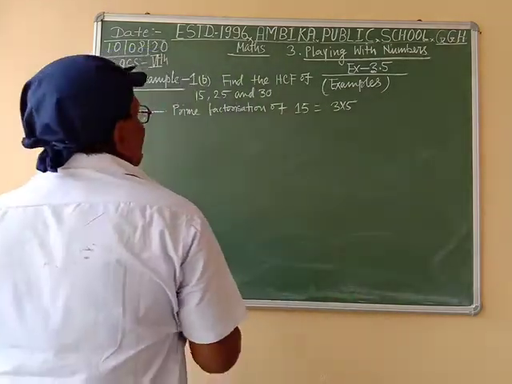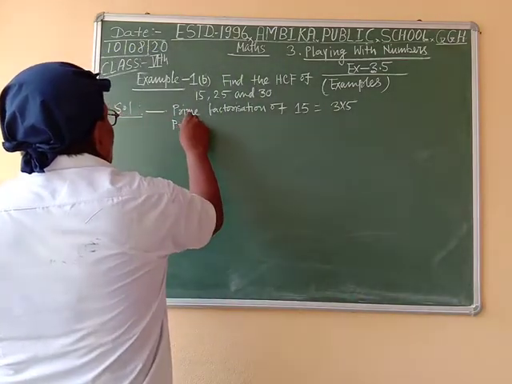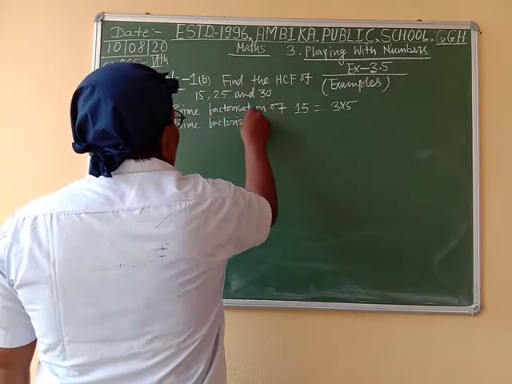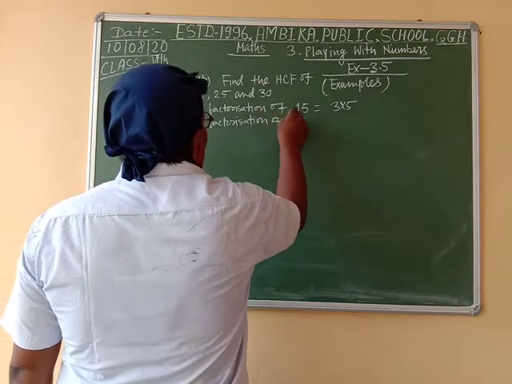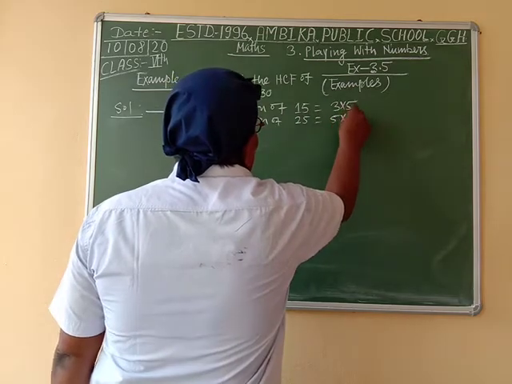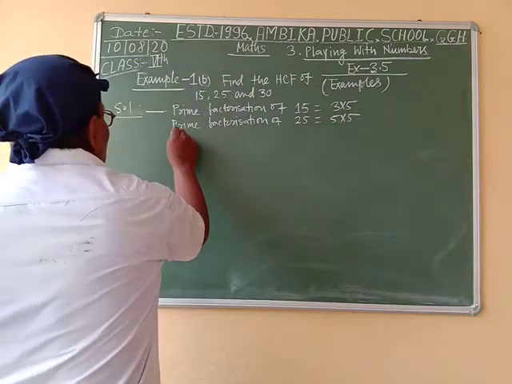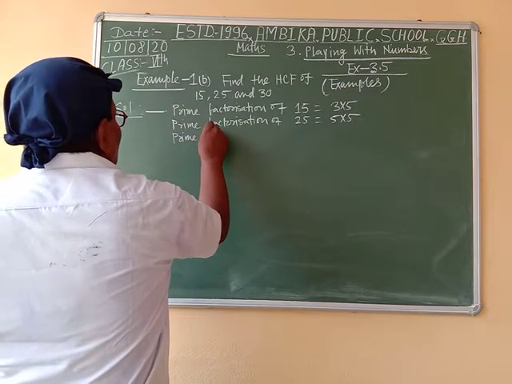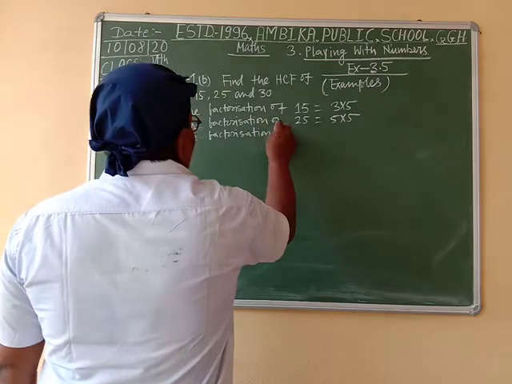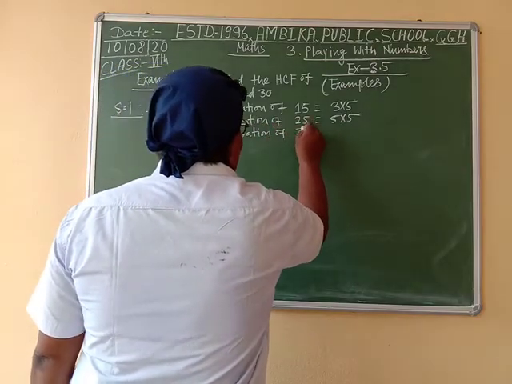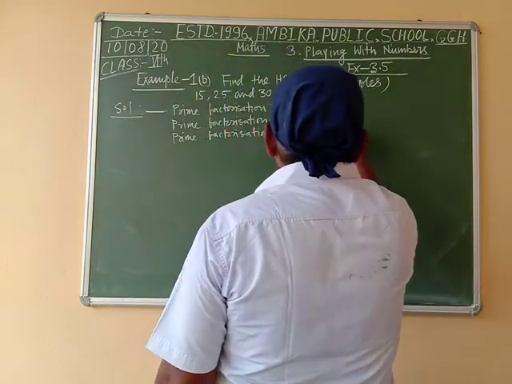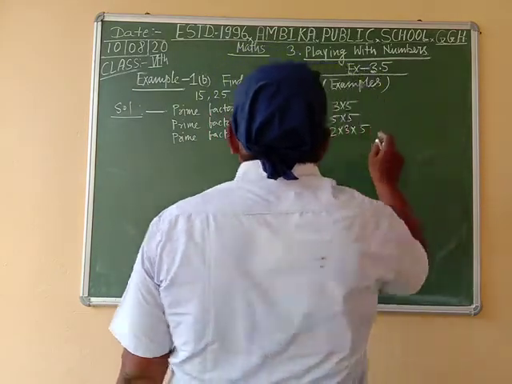Prime factorization of 25 is equal to 5 into 5. Prime factorization of 30 is equal to 2 into 3 into 5.